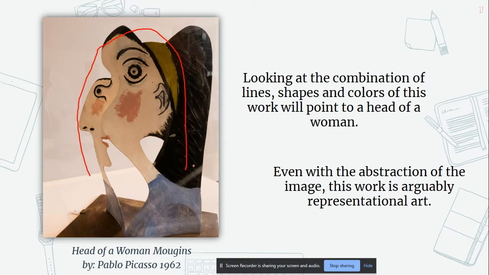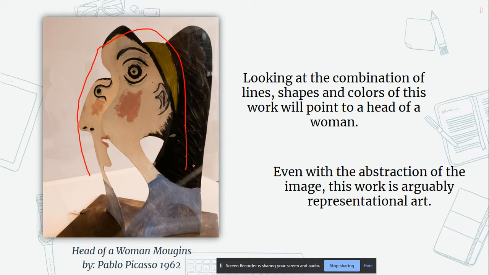But even with the abstraction of the image, this work is arguably representational art. Even if it is distorted or abstracted, because you could say this is abstract art since abstract art is a distortion of something.